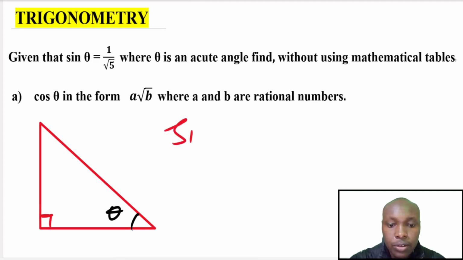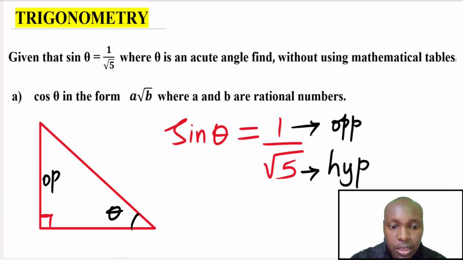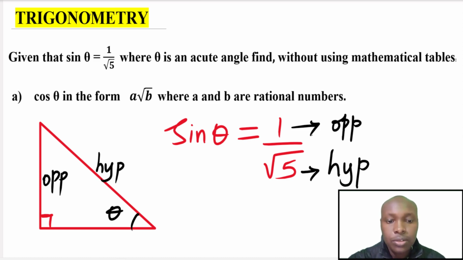So that is angle theta. Now if that is angle theta, and you're given that sine of theta is equal to 1 divided by root of 5, you know that to obtain sine theta, we get the ratio of opposite divided by hypotenuse. So in this case, 1 represents the opposite side of that angle theta, then root of 5 represents the hypotenuse.